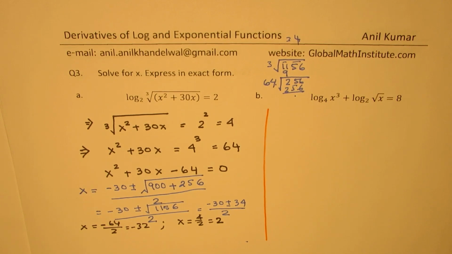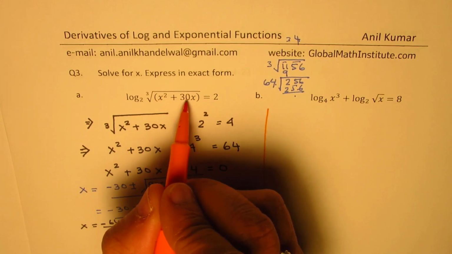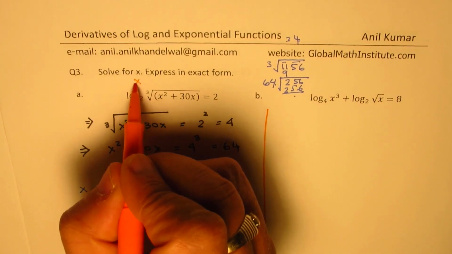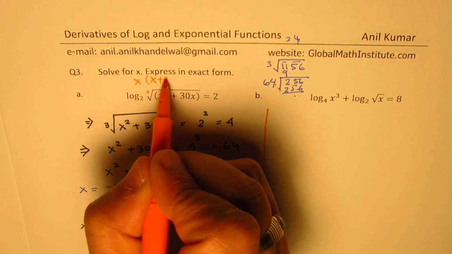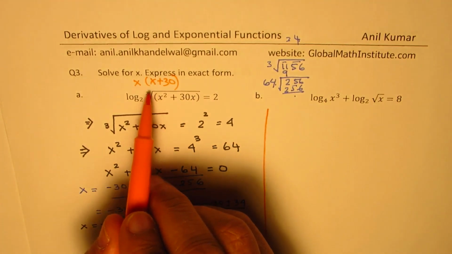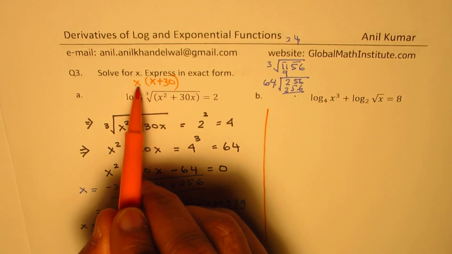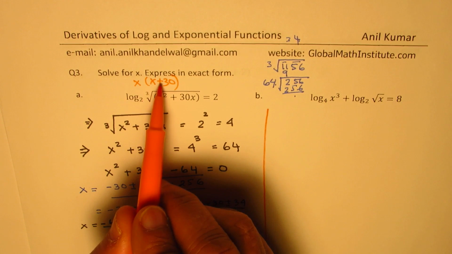Perfect. You can see that for this expression to be greater than 0, it could be factored as x times x plus 30, right? So this is 0 at 0, and that is 0 at minus 30.